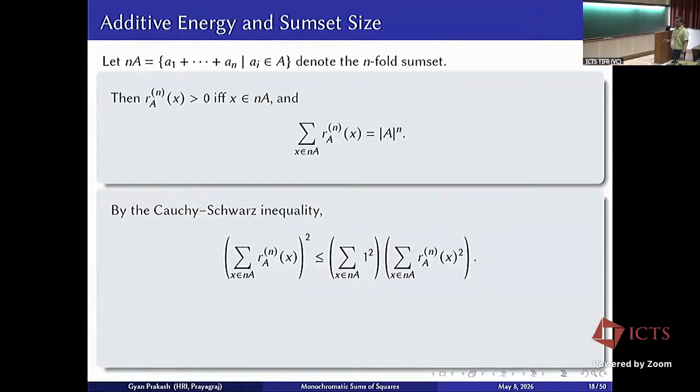Now by the Cauchy-Schwarz inequality, the left-hand side squared is less than or equal to this, which is the additive energy times the cardinality of nA. Therefore the cardinality of nA is greater than or equal to this. Taking E_n(A) to the left-hand side shows that if I have an upper bound for E_n(A), I can obtain a lower bound for the n-fold sumset.